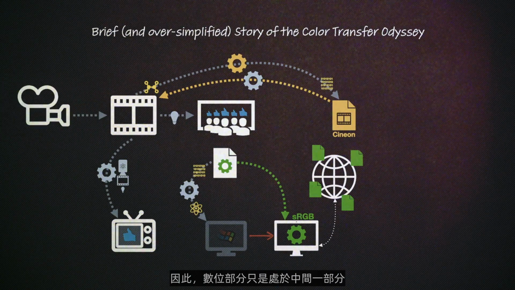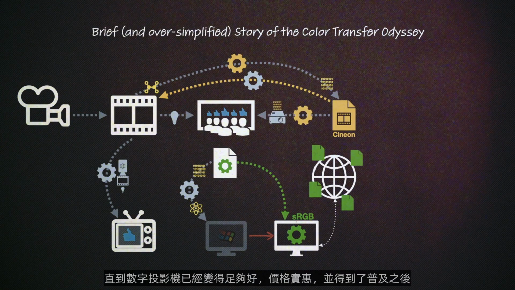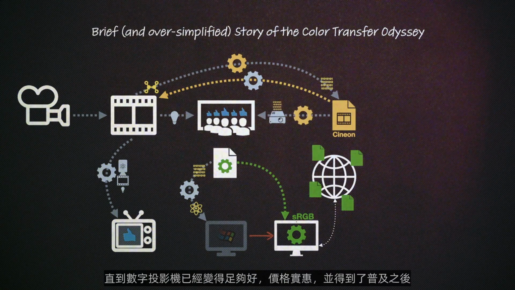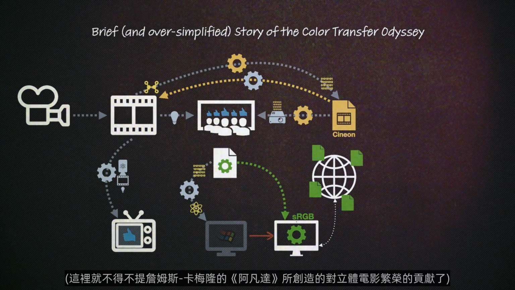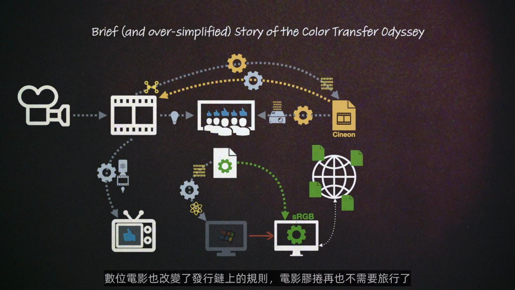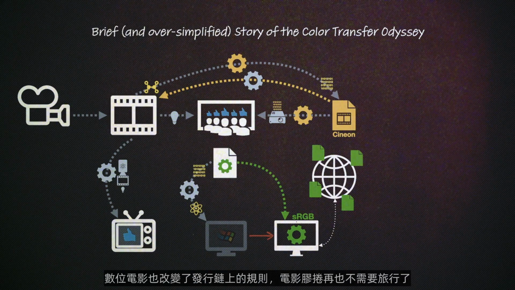So the digital part was just in the middle, until digital projectors became good enough, affordable, and popular, without mentioning the contribution of the stereoscopic boom created by James Cameron's Avatar. Digital cinema changed the rules also in the chain of distribution, as film rolls didn't need to travel.